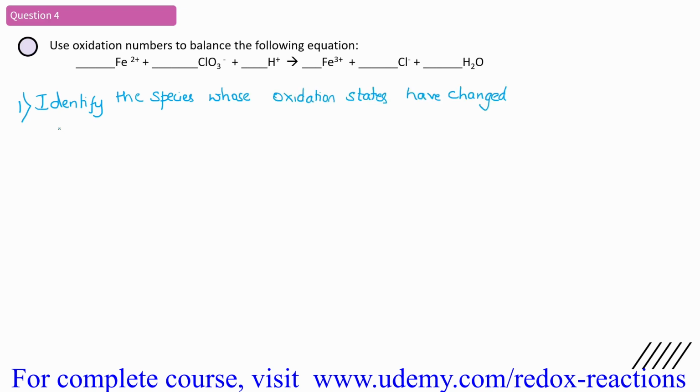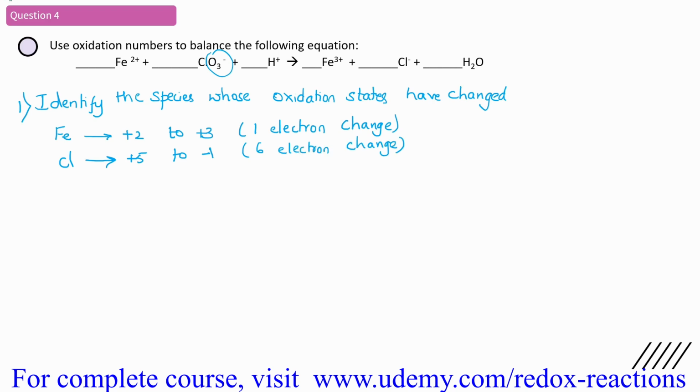So we see that Fe here changes from +2 to +3. And then we also have chlorine whose oxidation state changes from +5 in ClO3⁻ to -1. Now this is a 1 electron change, and +5 to -1 would be a 6 electron change.